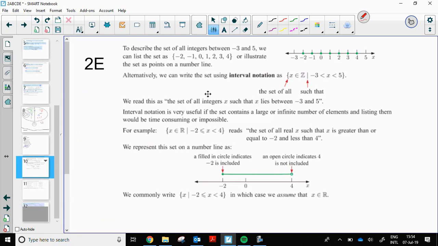So in the first example, we want to describe this set. On a number line, it's just represented by the 7 dots on that number line. If I wanted to write that in a sentence, I could describe it as the set of all integers x such that x lies in between -3 and 5.